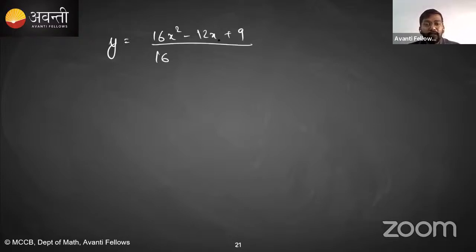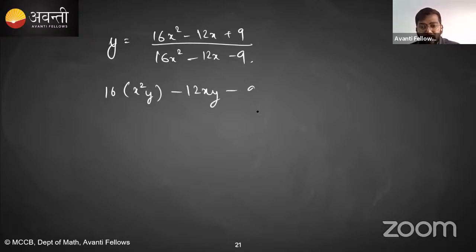And for expressions like 16x square minus 12x plus 9 upon 16x square minus 12x minus 9, what I can do is write y times the denominator: 16x square y minus 12xy minus 9y equals 16x square minus 12x plus 9.